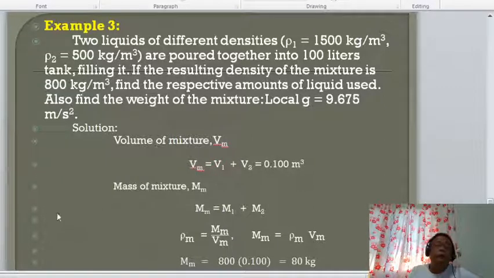The density of the mixture is the mass over the volume. So the mass now is 800 kilograms per cubic meter multiplied by 0.1 cubic meter, that is now 80 kilograms.